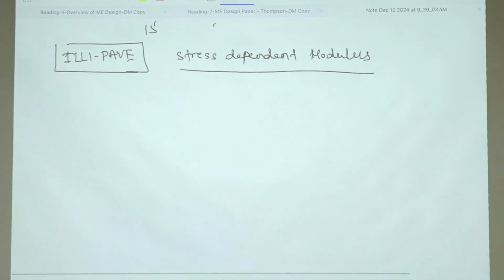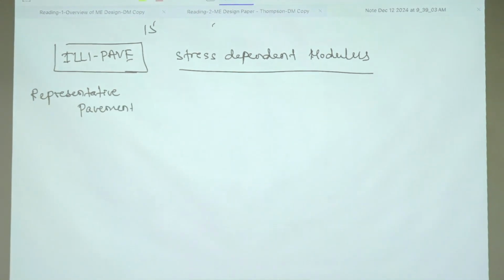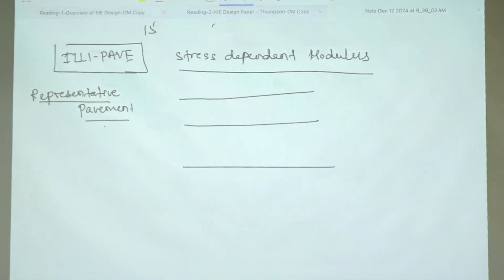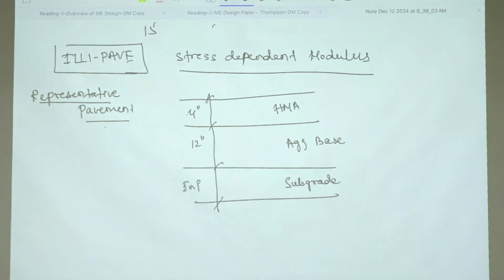We take a pavement. Let's say it is something like this. So HMA, ag base, and subgrade is say 4 inches, 4 inches, 12 inches, and this is infinite.